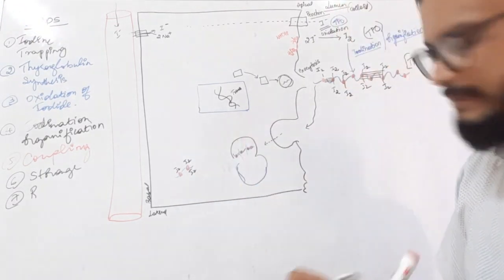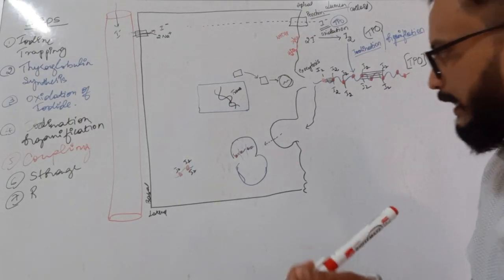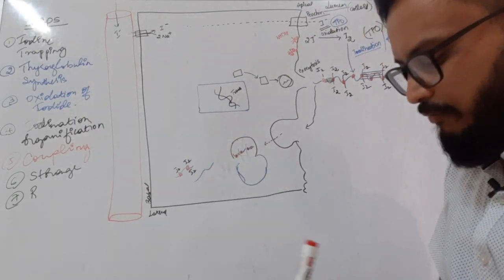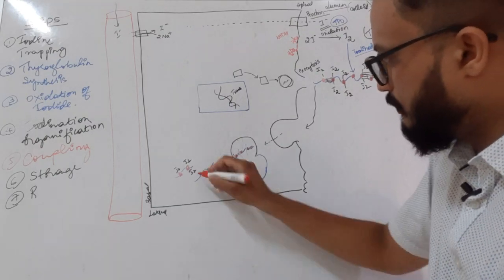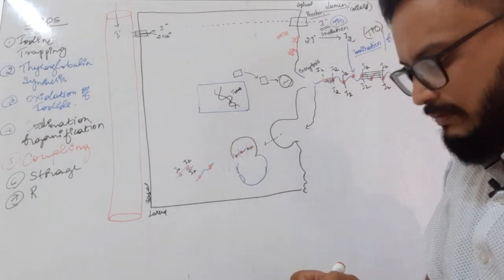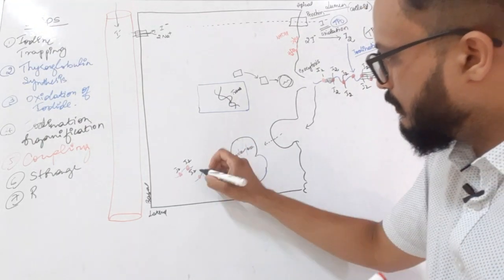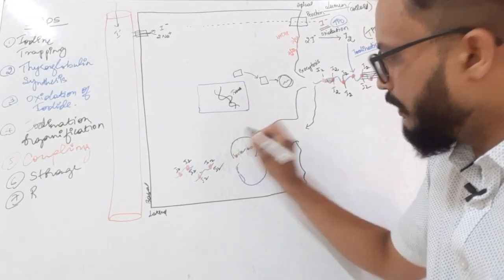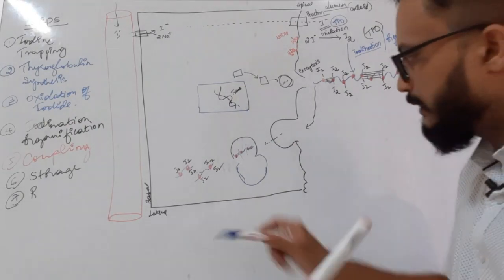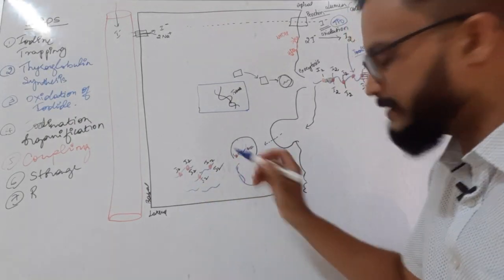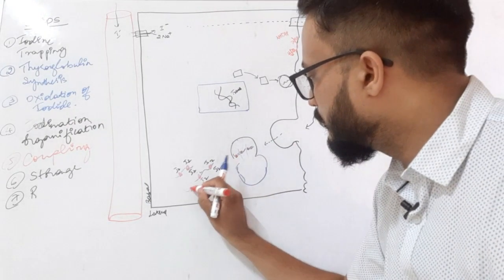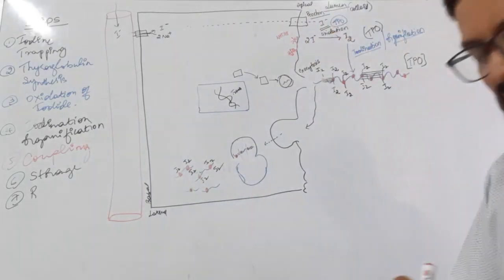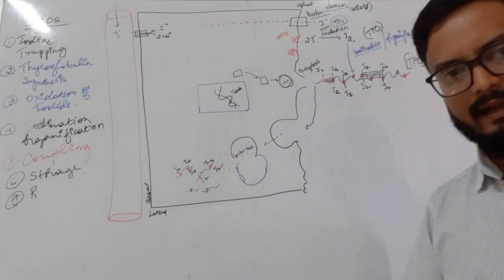So, this is T3, or we can also have T4, and also sometimes we may get MIT and DIT as such, without fusion.